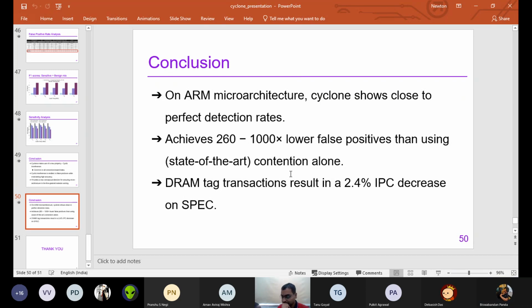Cyclone slowdown is reduced to as little as 2.4% for SPEC benchmarks. That's because your tag store is getting increased with the domain ID. Absolutely. That's why the latency will be a bit high, 1 or 2 cycles here and there. The bandwidth requirement also increases. That's marginal. And there are some area overheads also associated with this, because we have to store tags at different cache levels, whether they are private or shared, and all those things. One quick question.